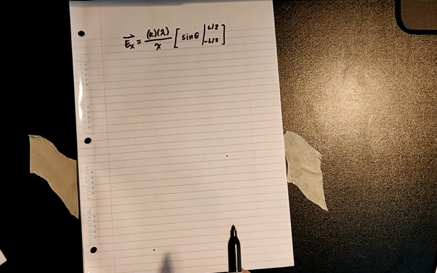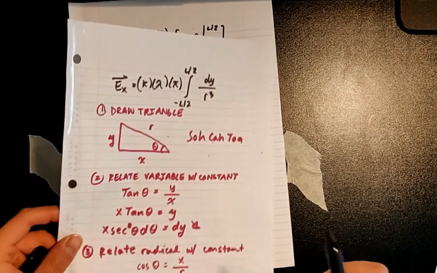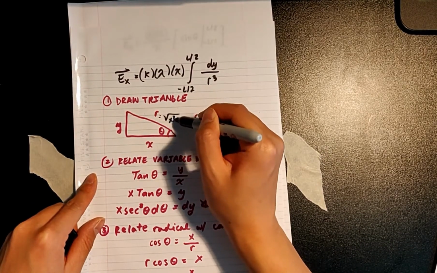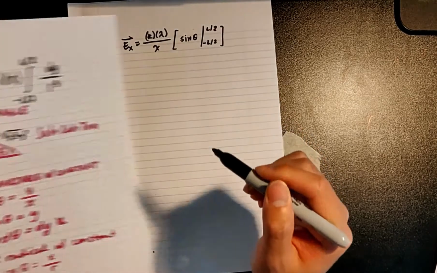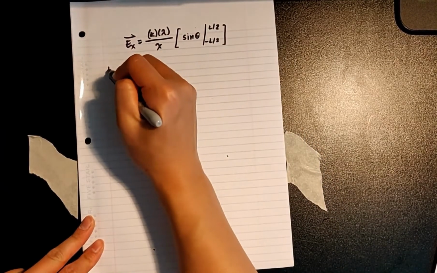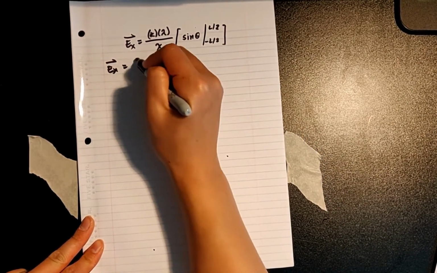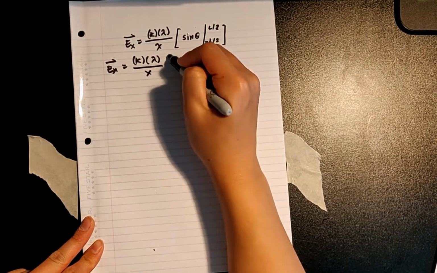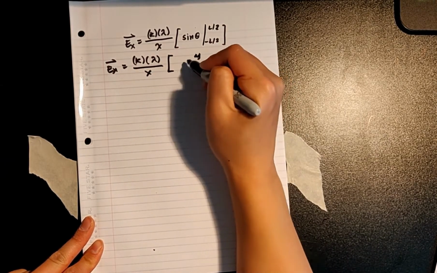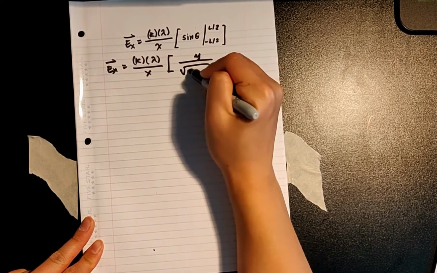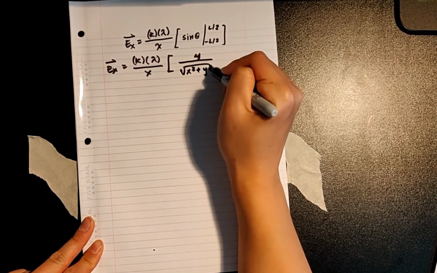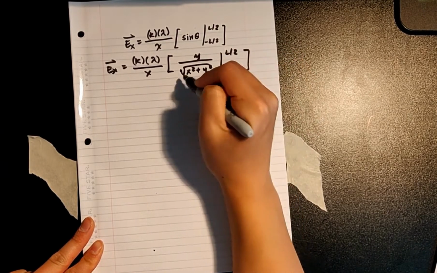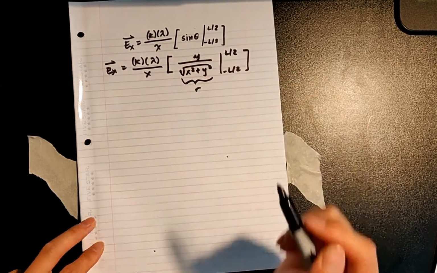So y over r, and r is just going to be the square root of x squared plus y squared. So we will just get E of x is then just equal to k lambda over x times y over the square root of x squared plus y squared from L over 2 to negative L over 2. And this term was just r.